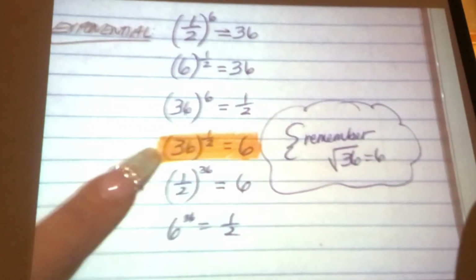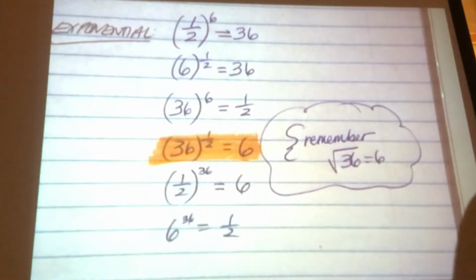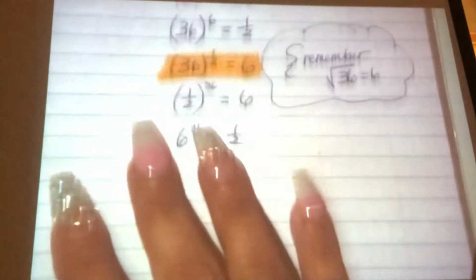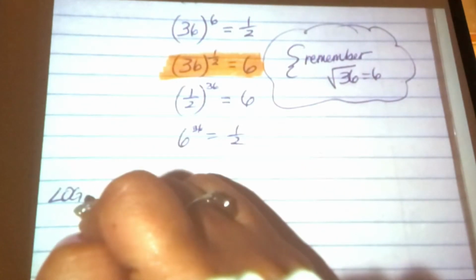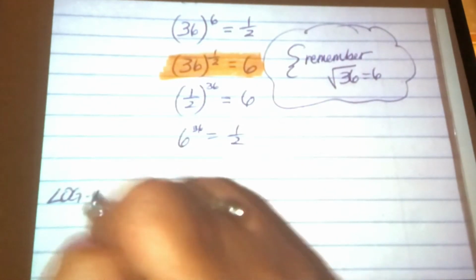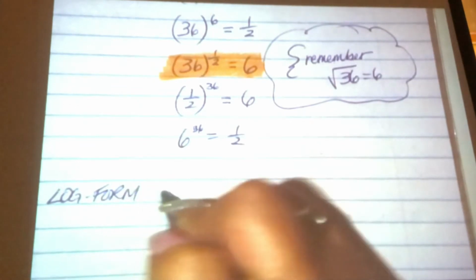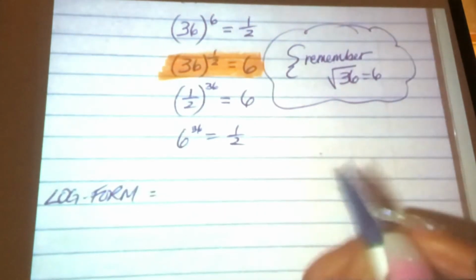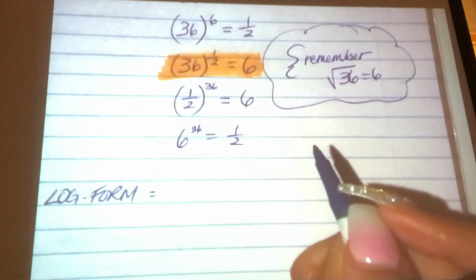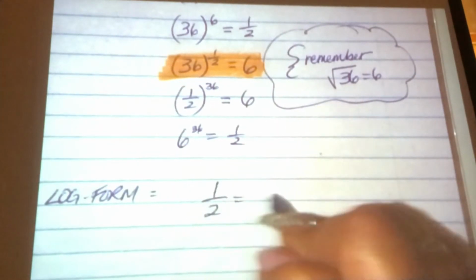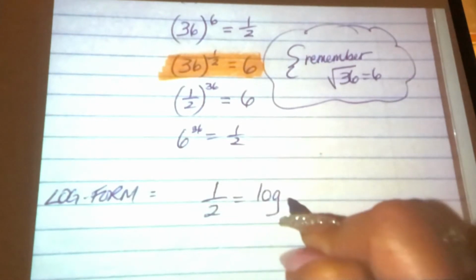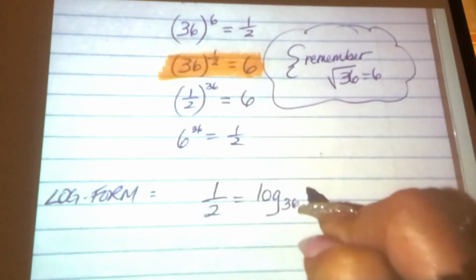Alright, so that's how you write it in exponential form. Now I want to write it in logarithmic form. The purpose of a log is to solve for the exponent. So what's the exponent here? 1/2. So 1/2 is equal to the log base 36 of 6.